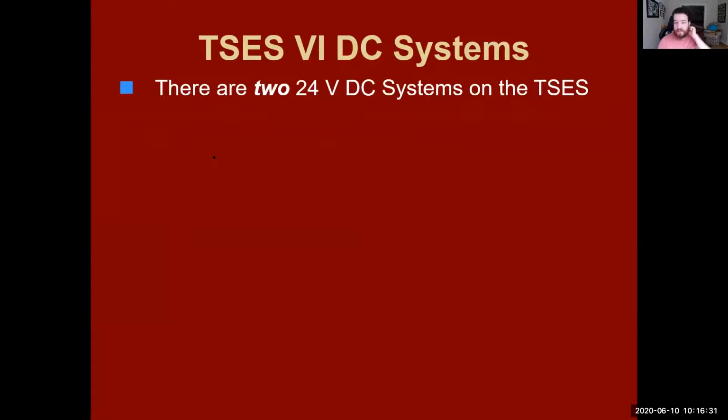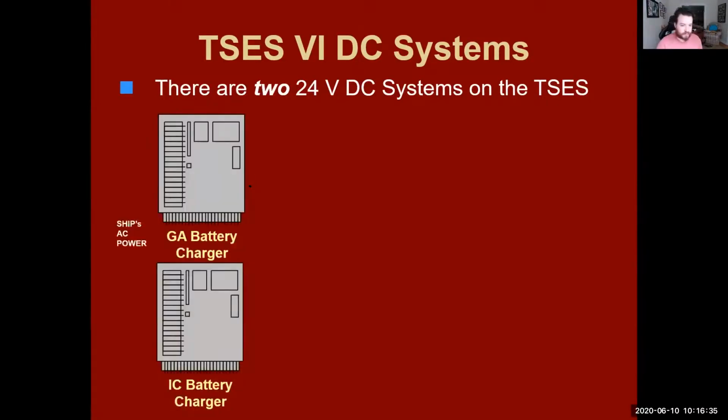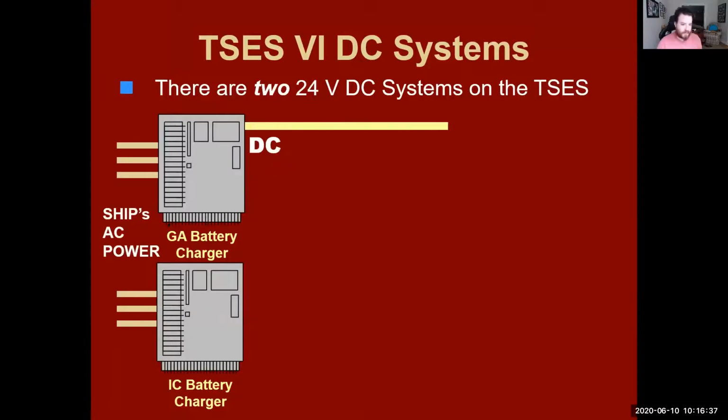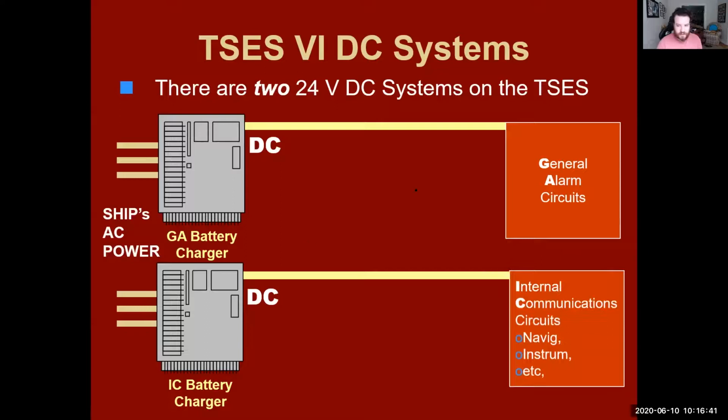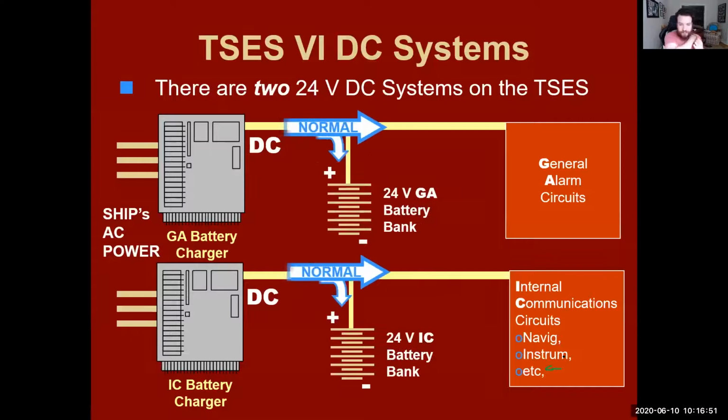So we have two 24-volt DC systems on the TSES. We have ship's AC power coming in. We have our general alarm circuit, and we have our internal communication circuit, so our navigation instruments, any radios, things like that. We also have battery banks that will be charging during normal operation.